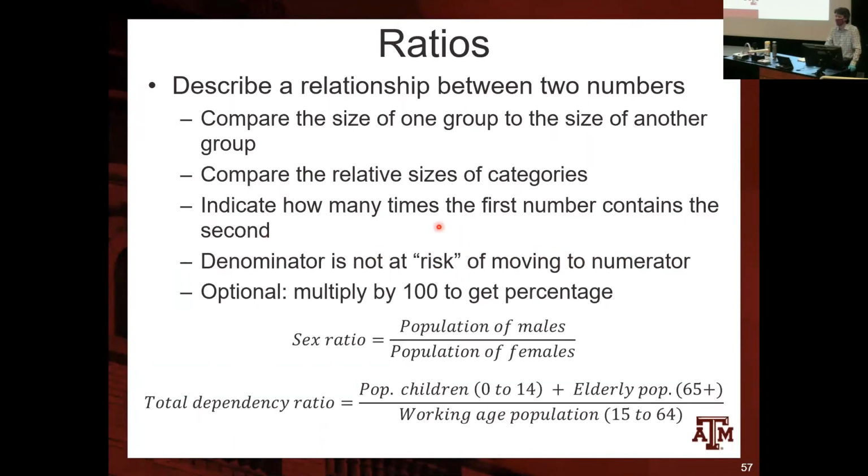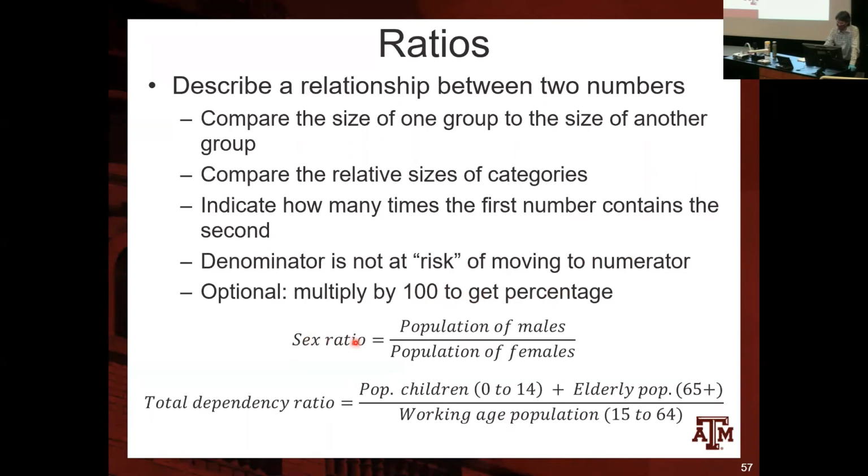When we say risk here, even in quotes, they don't have a chance of moving to the numerator. Risk here is not just linked to mortality. It could be fertility, migration, or whatever. People being counted in the denominator do not have a chance to move to the numerator. And usually we multiply by 100 to get percentage information.